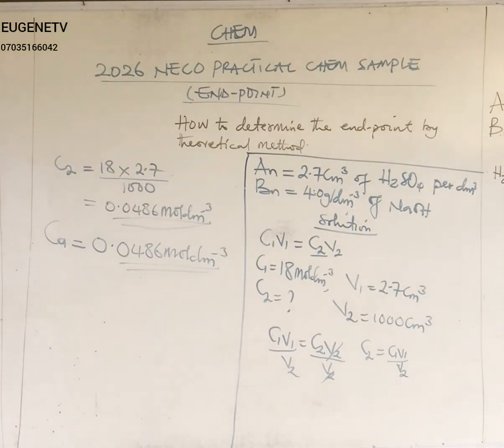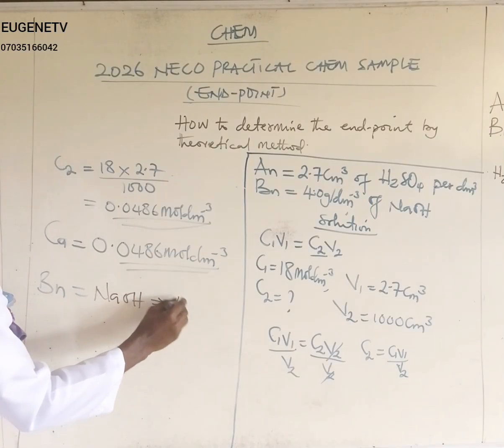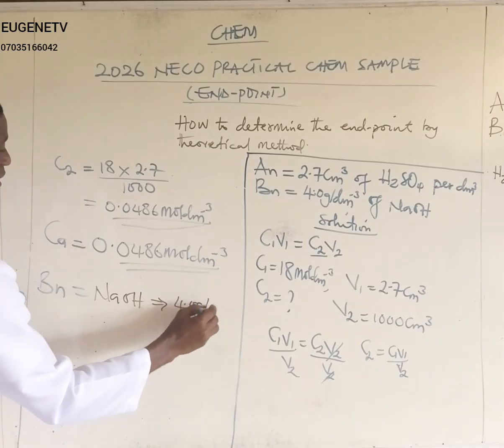So we are given the base, which is sodium hydroxide, and the mass given was 4.0 gram per dm cubed.